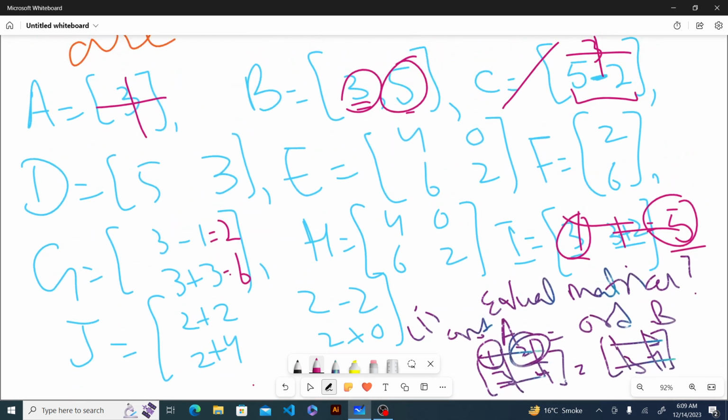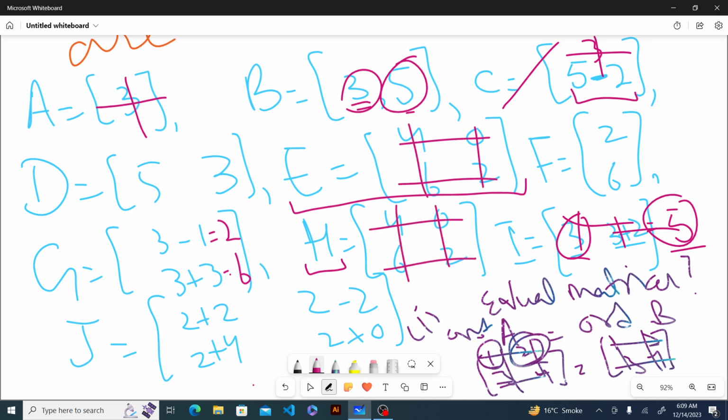No other matrix is equal to D. Now we will go for E. By looking at the matrices, you can find it: E is equal to H. Why? Because it has the same number of rows, the same number of columns, meaning the order is the same, and then it has the same entries 4, 6, 0, 2. So E and H are equal.